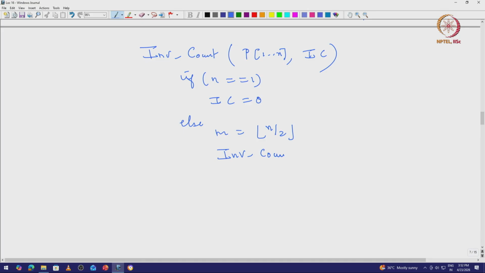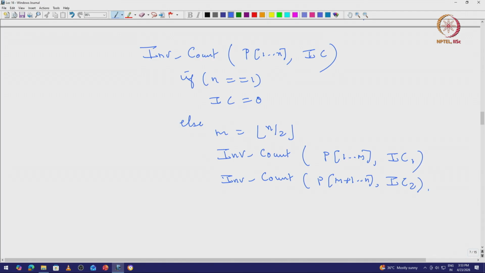The inversion count for permutation P 1 to m, you call it IC1, and for P m plus 1 to n, you call it IC2. Now, you have to find the cross count, right.